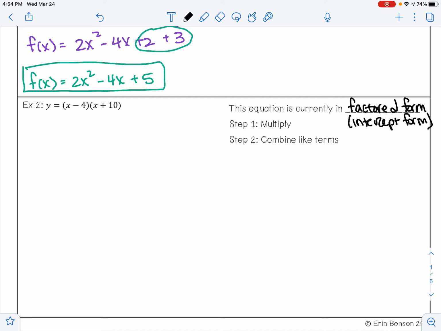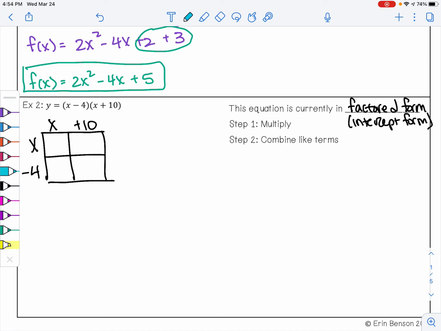And so to go from factored form to standard form, I just need to multiply these two binomials together. To multiply these two binomials together, I am going to use the area model. I'm going to take one binomial and write it down the side, and I'm going to take the other binomial and write it across the top.